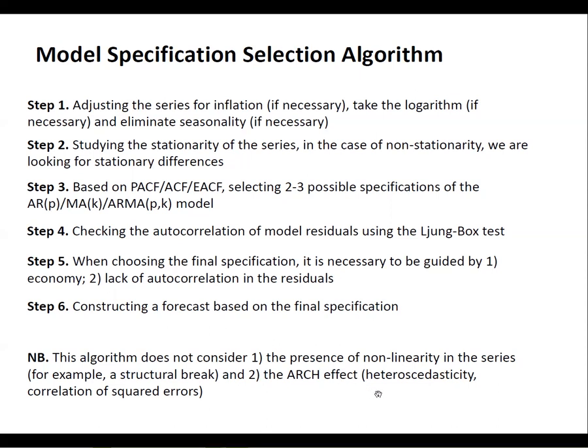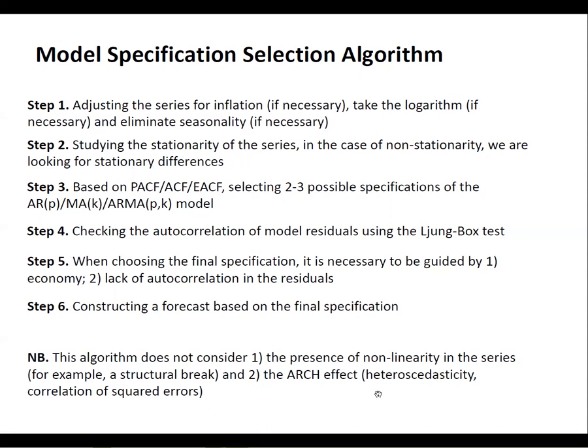At the end of this lecture, I will say again that this algorithm for choosing the specification of a forecasting model does not take into account such important things that are observable in practice. Firstly, it is the presence of nonlinearity in the indicator, in particular structural breaks.